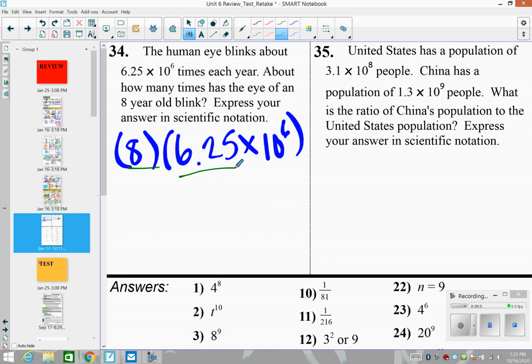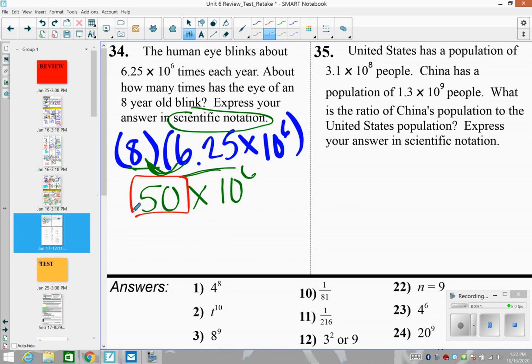So we're going to multiply these 2 coefficients. So 8 times 6.25, which is 50. That means 50 is what we get when we multiply the coefficients, and we don't have anything to do with this 10 to the 6 yet. It says it has to be written in scientific notation. Well, 50 is too big to fit in the scientific notation bank. It has to be between 1 and 10.